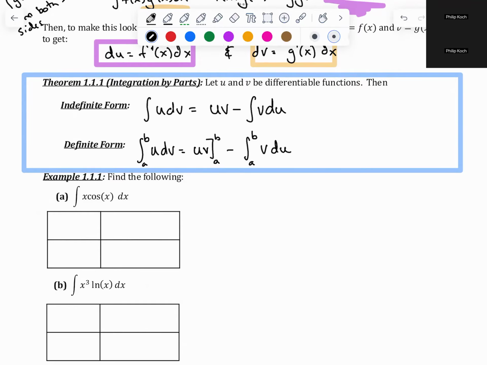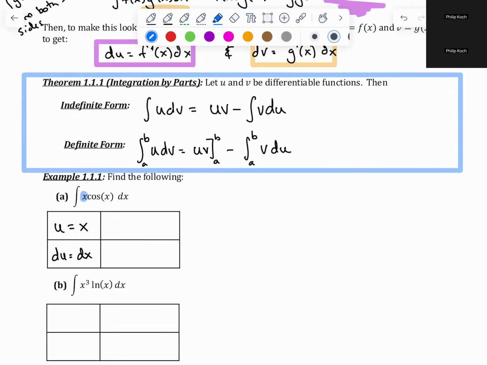So you're gonna make u equal to x, and then that means that du is equal to dx by integral substitution, right? If u is equal to x, then du is equal to dx. So the rest of it is therefore dv.